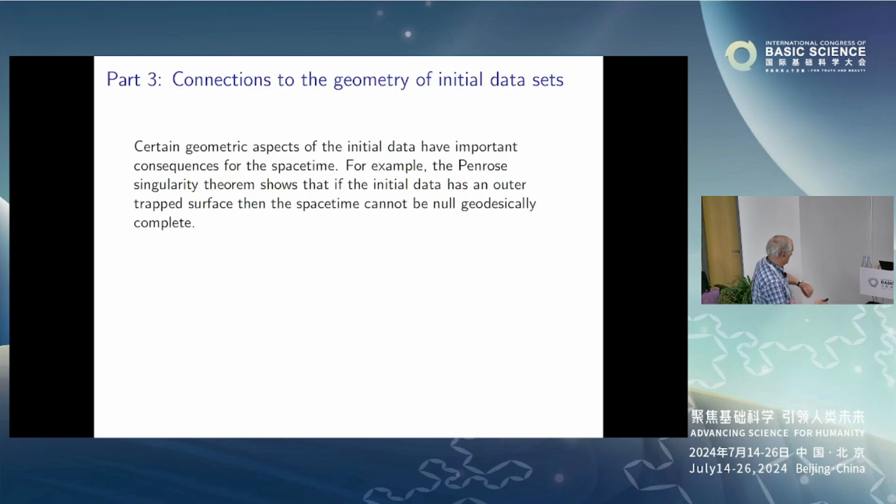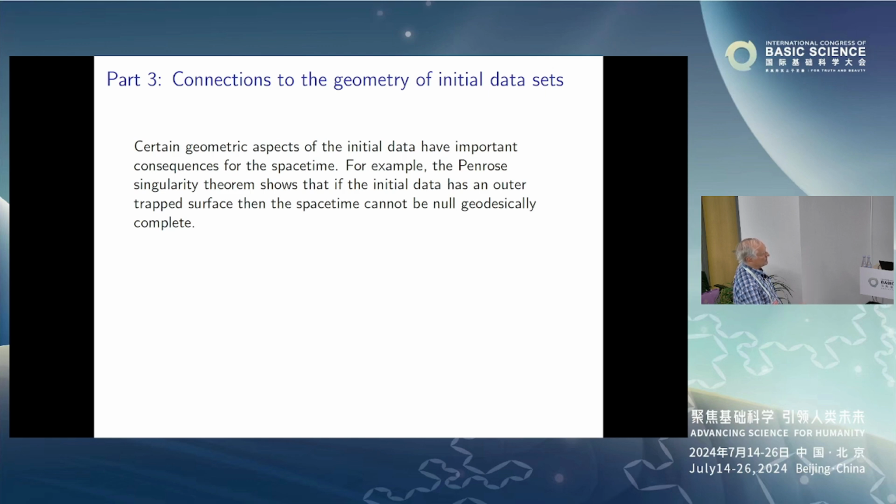Okay, and so let me also mention, I might go a little quickly through this part, but there's another sort of geometric aspect of scalar flat metrics or initial data that these ideas contribute to. In general relativity, geometric aspects of the initial data are very important for the space-time behavior.